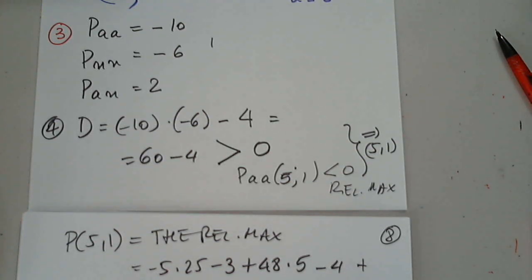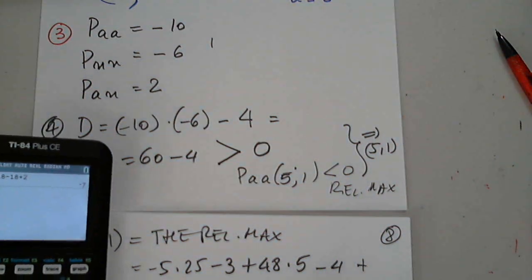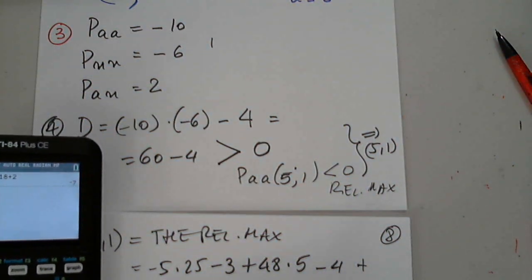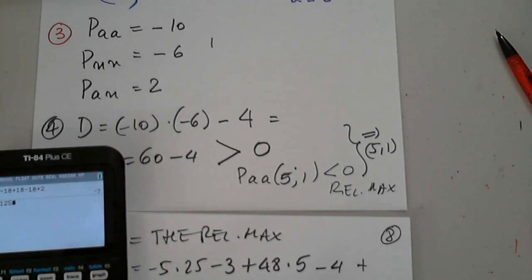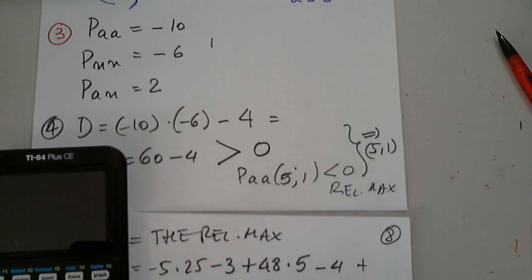I don't know what that is. We'll see in a moment. So negative 125, these two, and then minus 3, and then plus 48 times 5, and minus 4 and plus 10. I could have written plus 6 and plus 290. So the answer is 408.